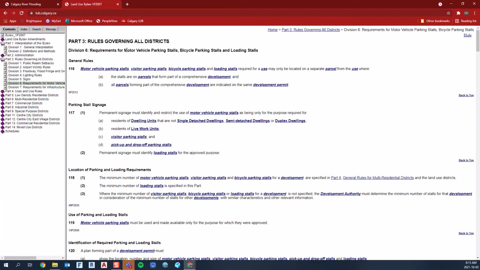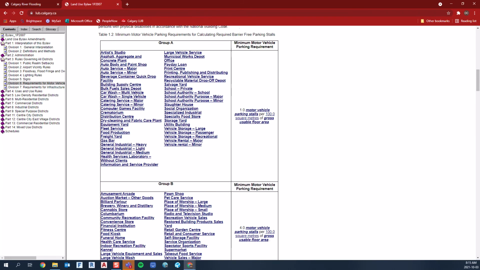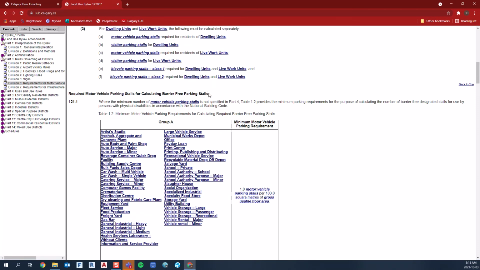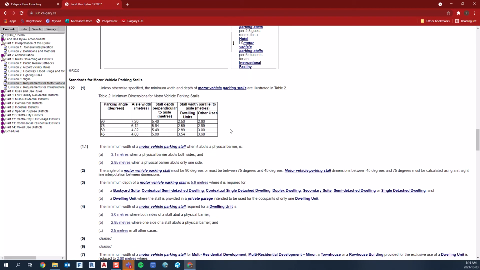Obviously, motor vehicle stalls, that's an important one to review. Actually, this is a good one right here. I'll do a different video for reading this chart. But for motor vehicle stalls, the chart's the main place to go. If you have 90-degree parking, it tells you your minimum aisle width and how big the stall is.